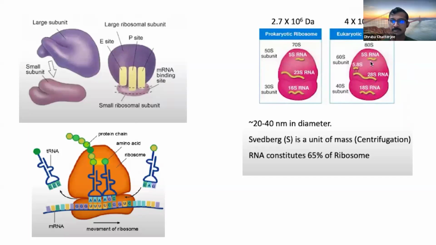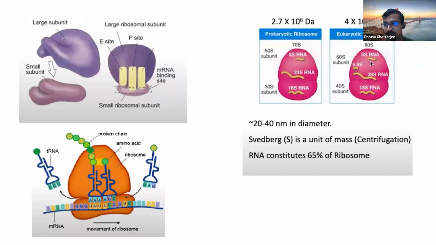For example, if you try to isolate these subunits from the cells, be it bacterial cells or eukaryotic cells, and you do a density gradient centrifugation experiment, then because of the different size and the different effective molecular weight, they get co-partitioned into different sections.